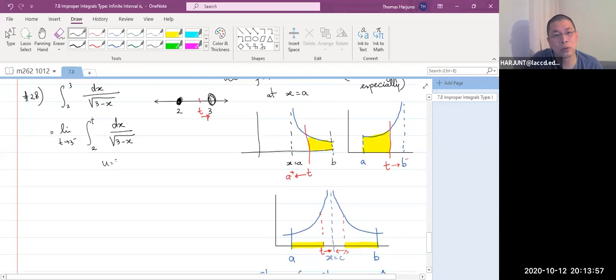u equals 3 minus x, so du is negative dx.